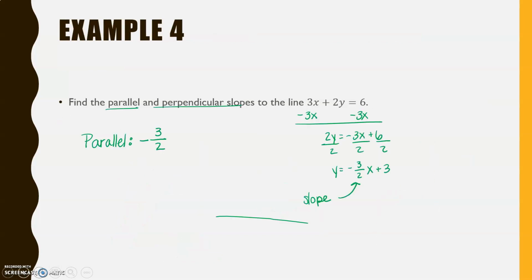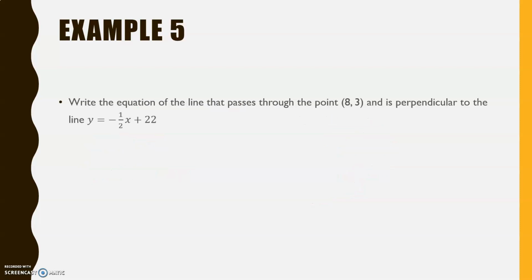So when we write the perpendicular slope, I'm starting with -3/2. The first thing I'm going to do is say it has to be positive, and then I'm going to flip the fraction. It is an opposite reciprocal. So the opposite would be 2/3.